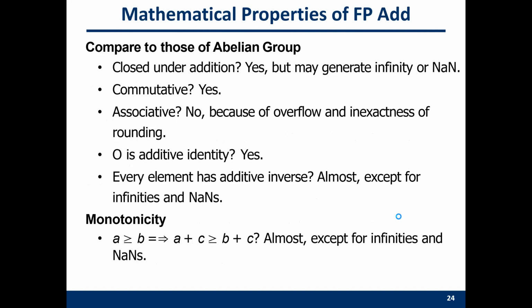So all the properties of integers can be applied to the floating point numbers, except the associativity. The associativity means for the integer addition, you have something like this.